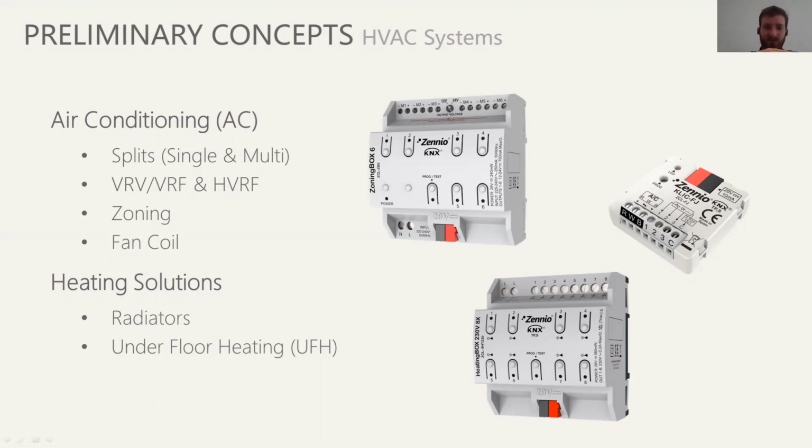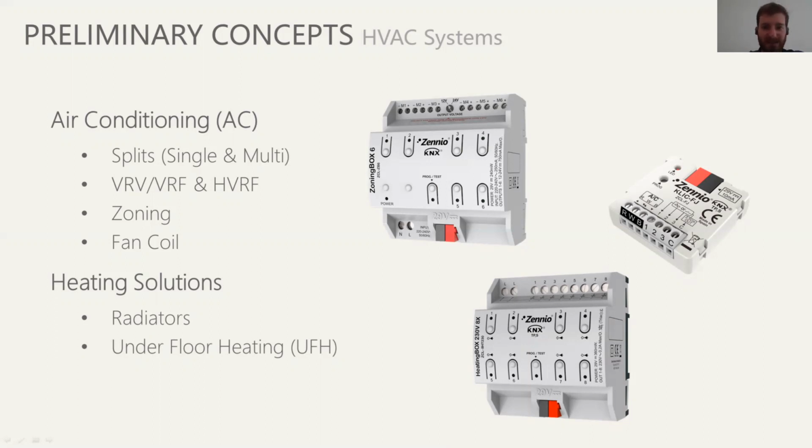And then we've got fan coil units, which are, as the name says, just a fan behind a coil with either hot or cold refrigerant, and the fan puts air through the coil so that the air gets hot or cold, and then puts it into the room.